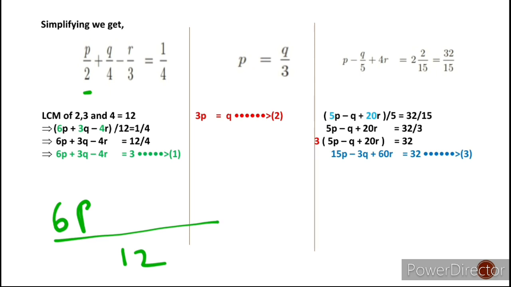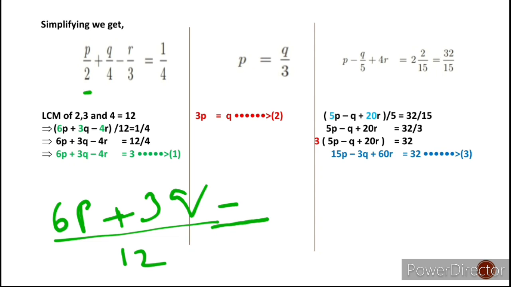Do you understand this? Then come to the second term, plus. What is in the denominator? 4. How many 4s in 12? There are 3 fours in 12, so multiply 3 in the numerator, that is 3q. Then the third term, minus. The denominator is 3.